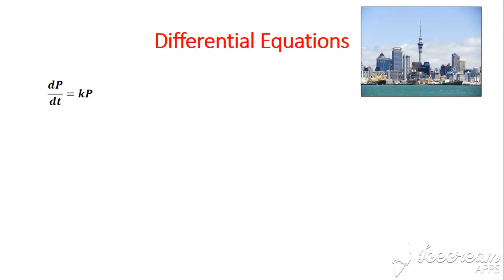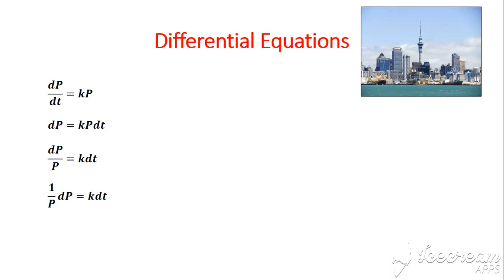Right, let's find our general solution. So we're going to use the technique of separating the variables. We're going to take the dt and times it on both sides to get dp is equal to k times p times dt. Now we're going to divide by p, so we're going to end up with dp divide p is equal to k times dt.